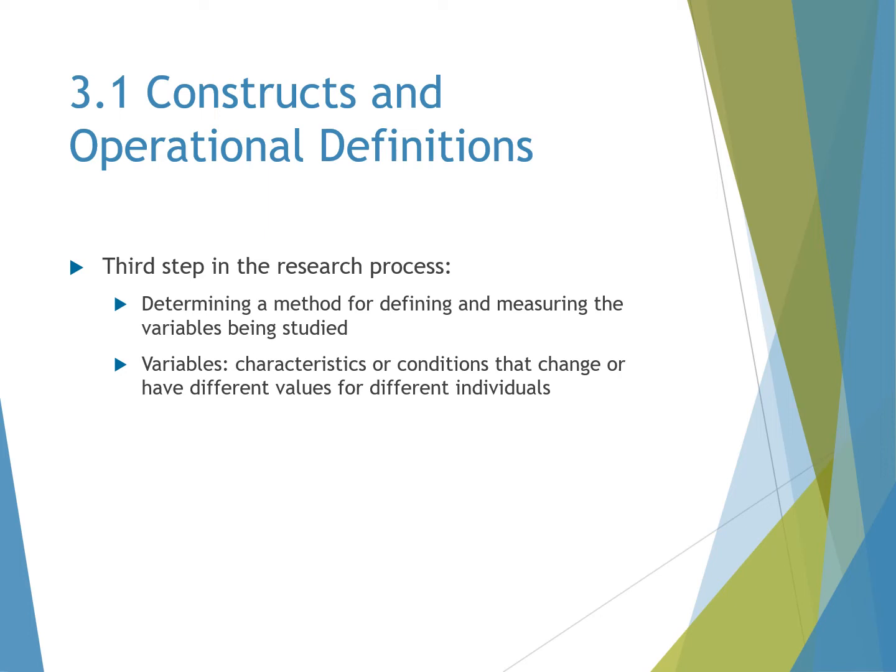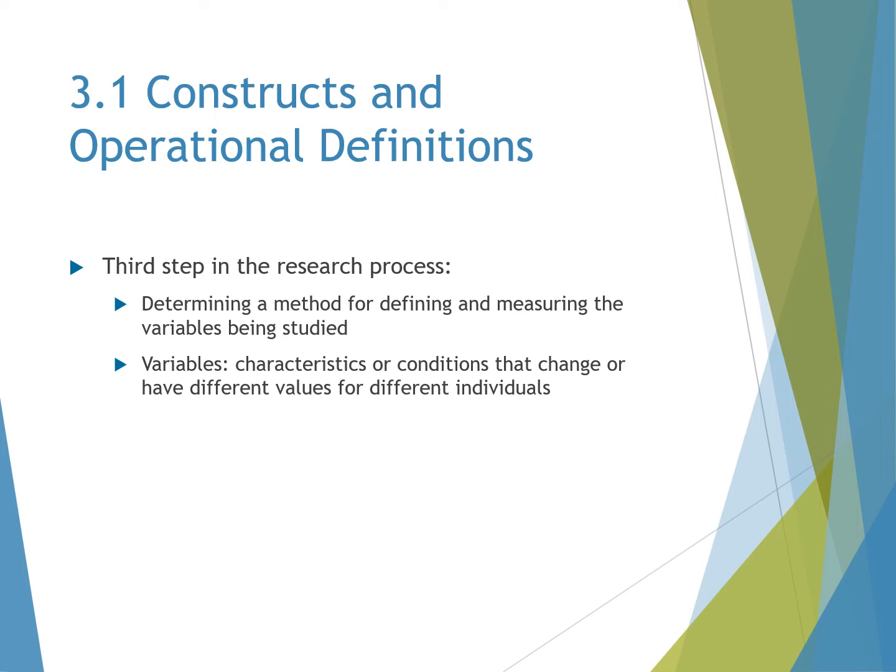So in this third step, we're working on determining a method for defining and measuring the variable being studied. And so we want to make sure that the variables we're assessing are well-defined and easy to observe and easy to measure. Variables can be a characteristic or condition that can change or have different values for different individuals.